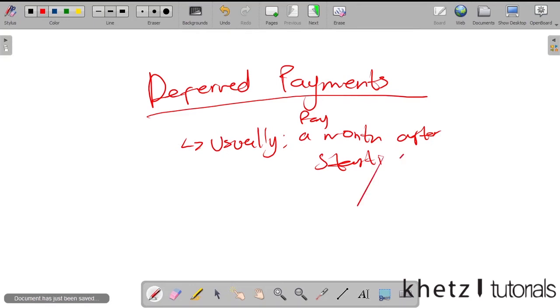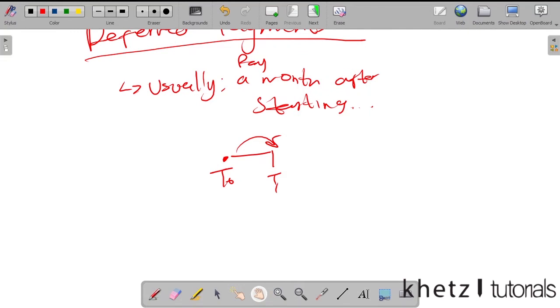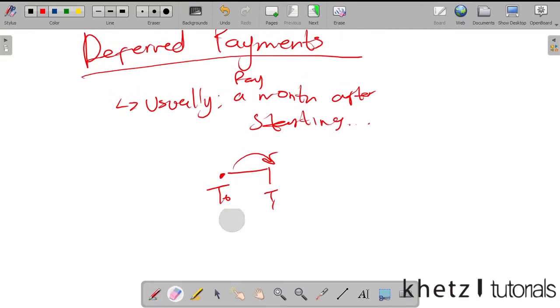Let's say the plan is a retirement annuity, whatever the case may be. Expected to pay a month. So if you start here, expected to pay at time 1, a month later, right? But if you decide, or if the plan says that you're actually gonna pay, let's say for example 4 months later, then this is what you're basically gonna have.